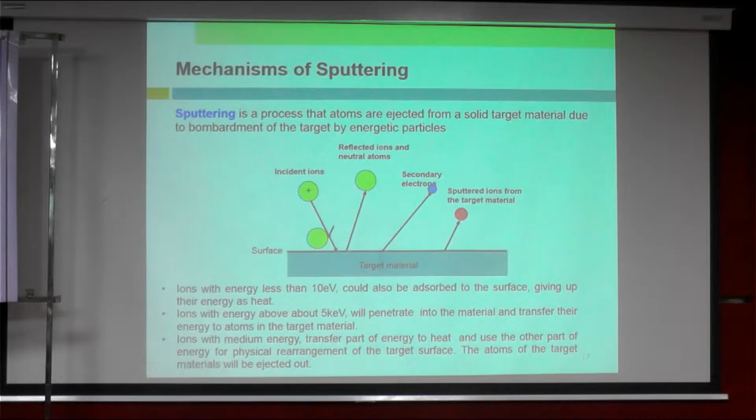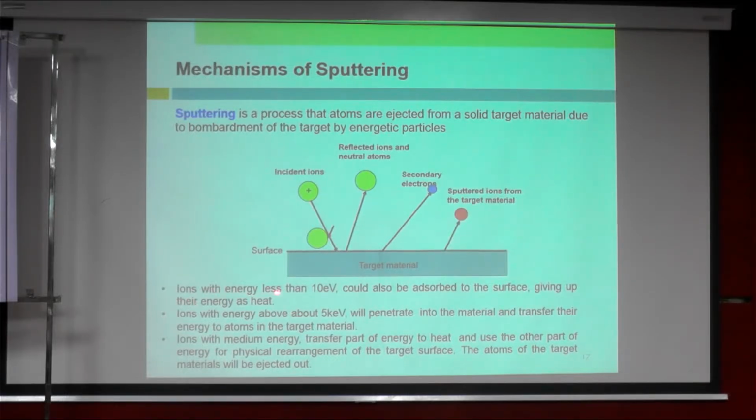It can be aluminum, titanium, or gold, for example, as the target material. So this will need different control in order to deposit different materials.